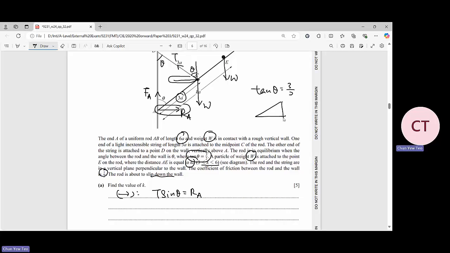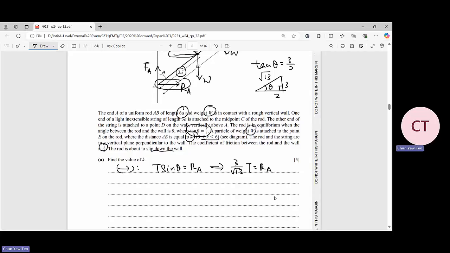With a small diagram over here, we have 3 here, 2 here, and then this one will be root 13. So maybe we can change it to become 3/root 13 T equals RA. Yeah, okay, we can do it like that.